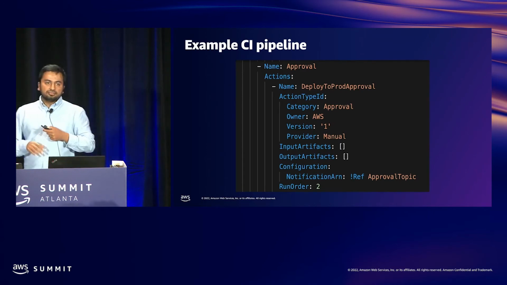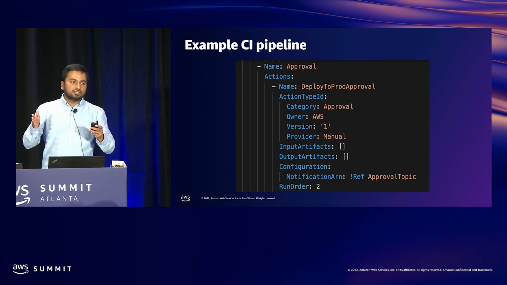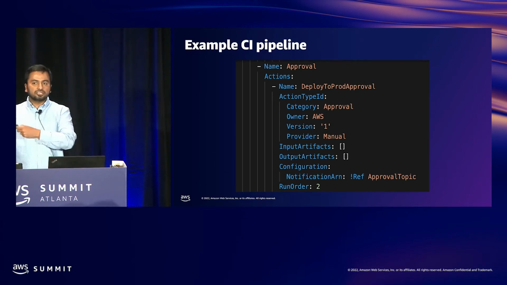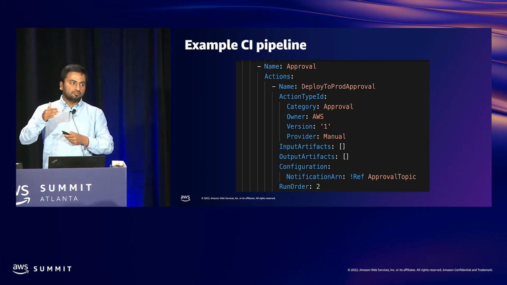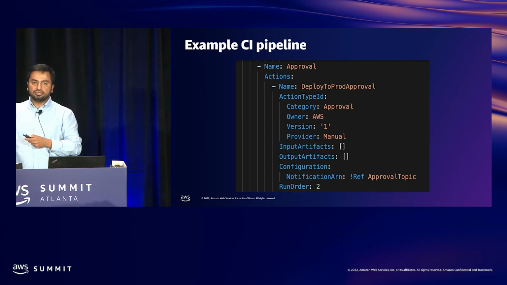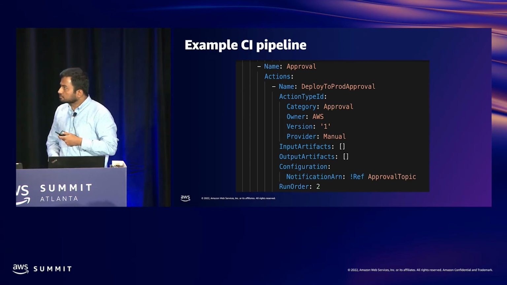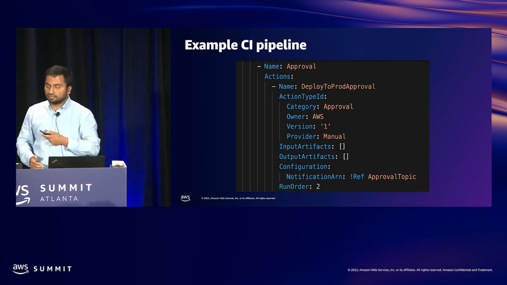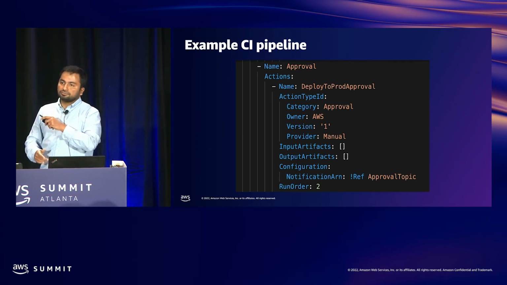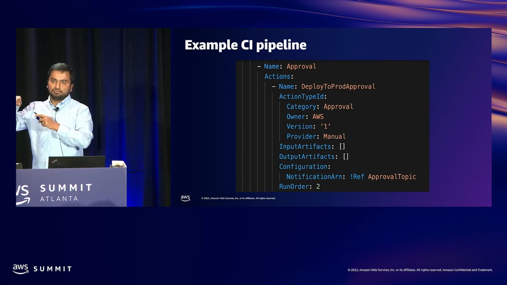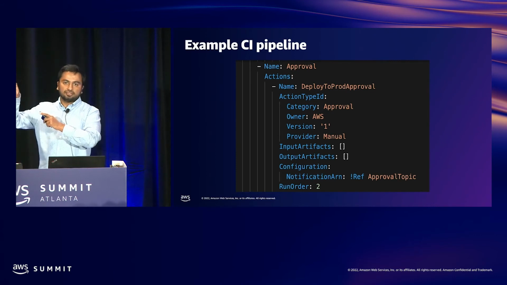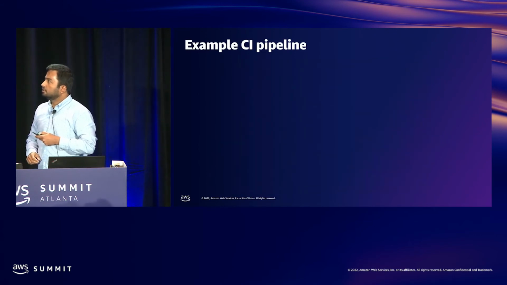So once the deployment is done in the dev environment, before promoting it to production, you want to manually approve so that you have guardrails of what gets deployed into the production environment. So we use SNS as an example here, where you are sending a notification of the findings that you might have got from the analyzers that you have in the environment.